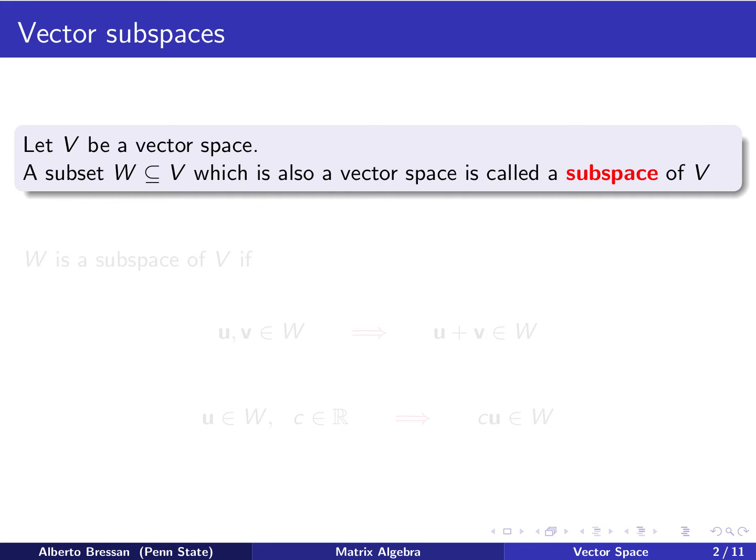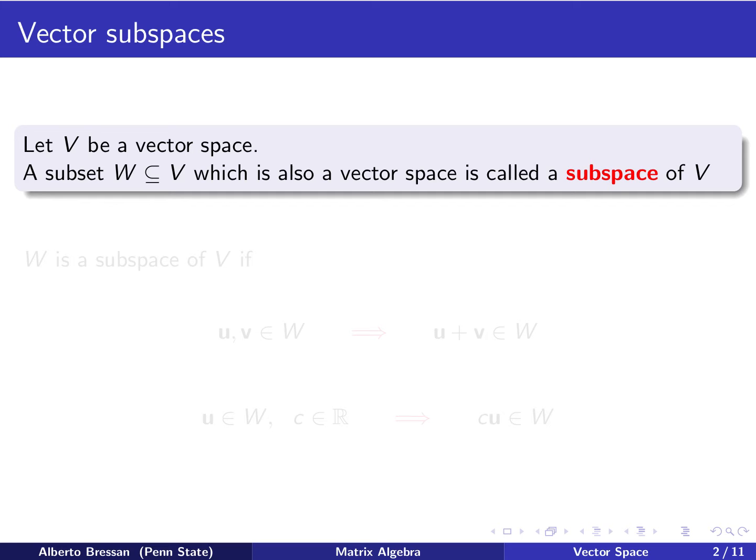Okay, first let's define what is a vector subspace. From the word, you see that there are two parts that stand out. One is that it's a subspace, and the other is that it's a vector subspace.